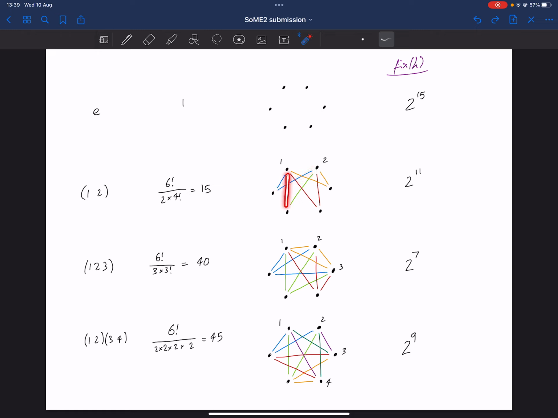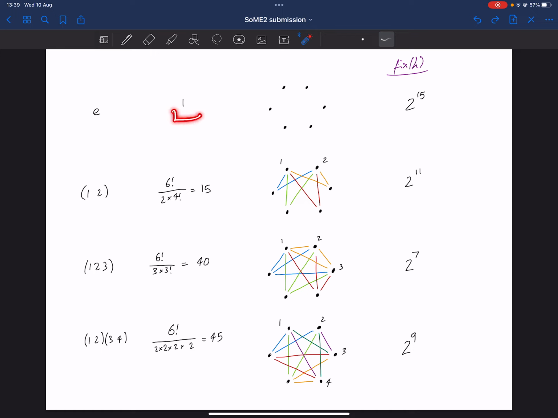I make a choice here but not a choice there, and so on. So actually I only have 4 fewer choices, so that's only 11 choices. So the number of colourings, the number of elements of A that are fixed by this permutation, is 2 to the 11.